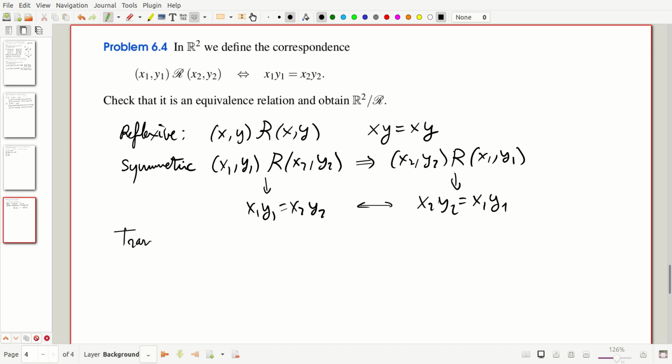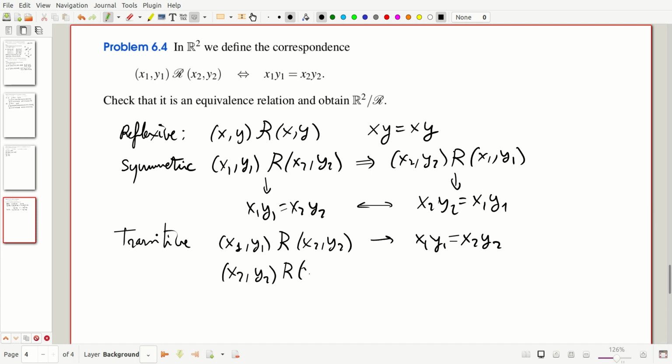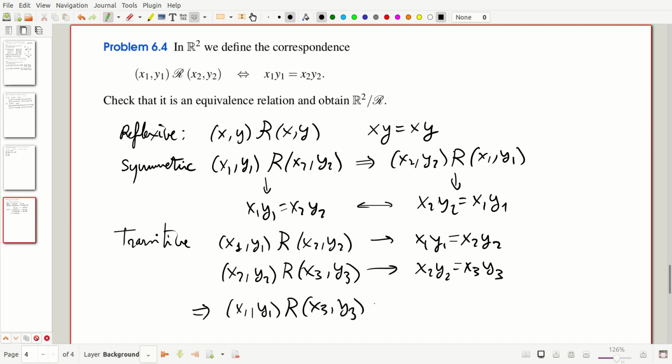Finally, transitive means that if you have (x1, y1) related to (x2, y2), which means this, according to the definition, and (x2, y2) related to (x3, y3), which by the definition means this, then you must have (x1, y1) related to (x3, y3), which is true because if this is equal to this and this is equal to this, since these are equal, then these are equal, so this is true.